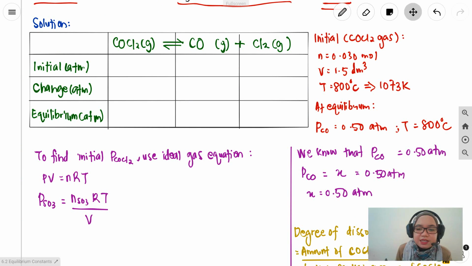Now the next step, you need to find the initial partial pressure of COCl2 by using the ideal gas equation. So we use PV equals to nRT, where the partial pressure of SO3 is equals to... Oops, salah. Macam mana Miss boleh letak SO3 kat sini?